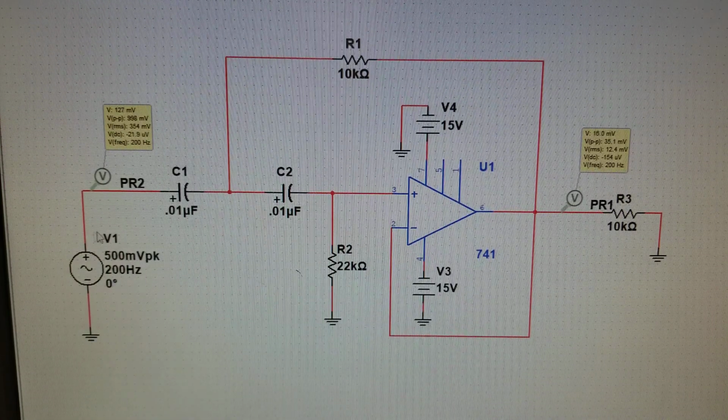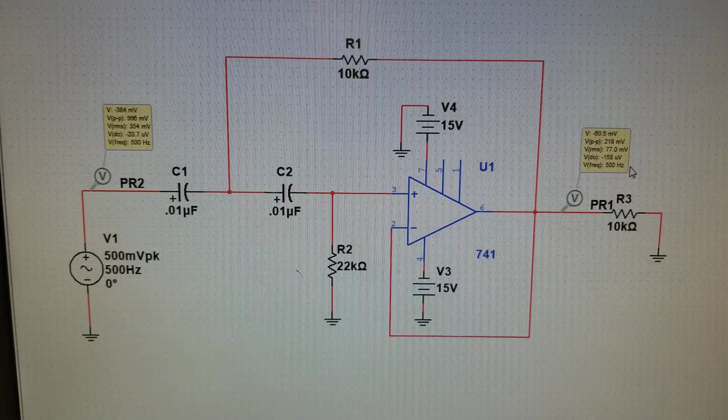So here we have an input frequency of 200 hertz, input voltage of 1 volt, and an output voltage of 35.1 millivolts. So here we have an input frequency of 500 hertz, input voltage at 1 volt, and an output voltage at 218 millivolts. Make sure you calculate your voltage gain and your decibel value.